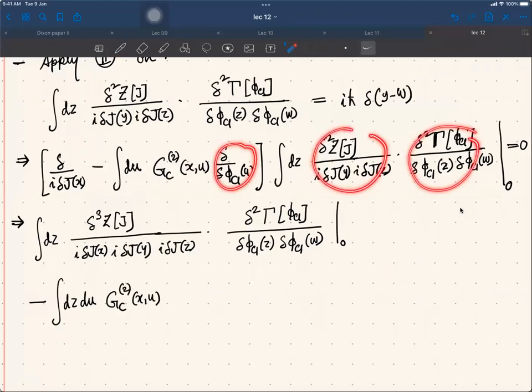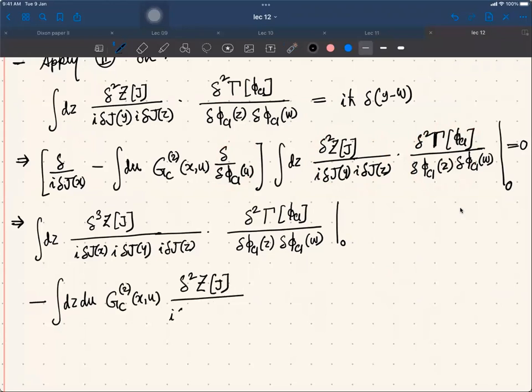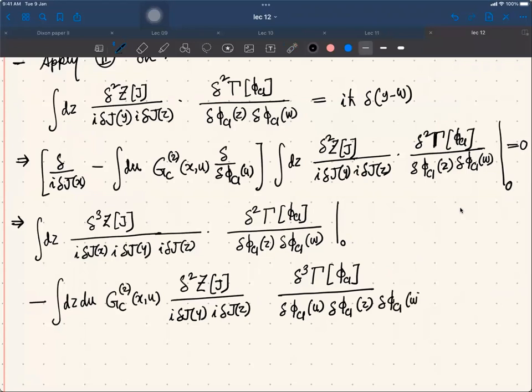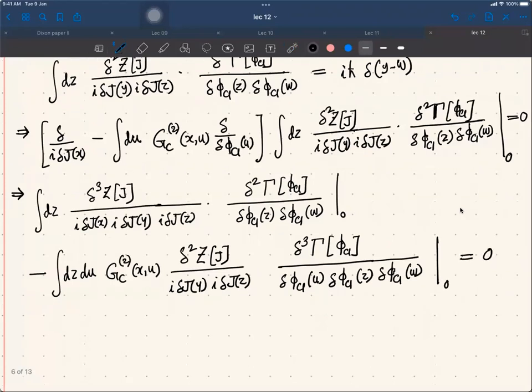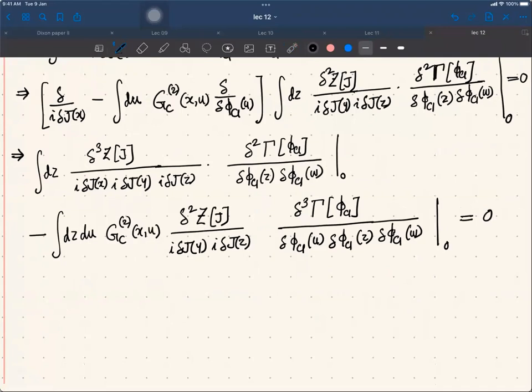So I'm writing this factor, then a third derivative for gamma. Equal to 0.